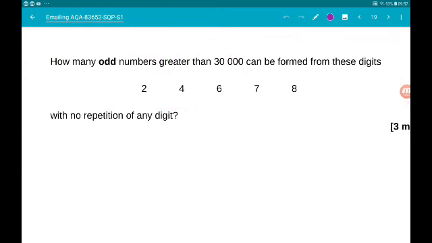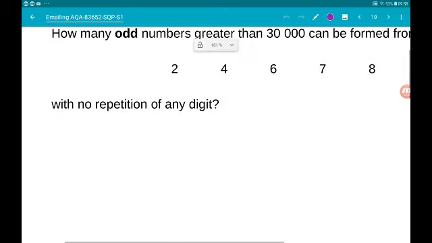Okay, question 18, bit of a fun one here. So, how many odd numbers greater than 30,000 can be formed using the digits 2, 4, 6, 7 and 8 with no repetition? So, let's think about this then. We need these numbers to be greater than 30,000.